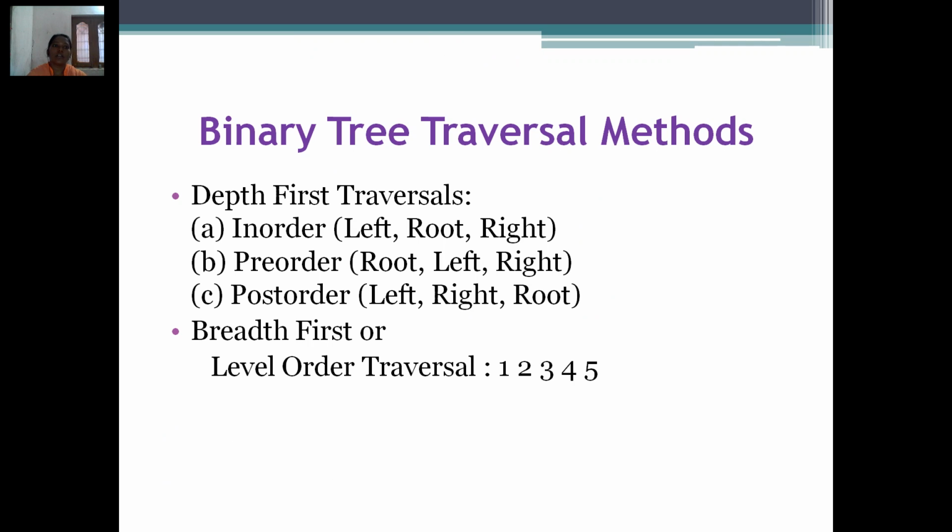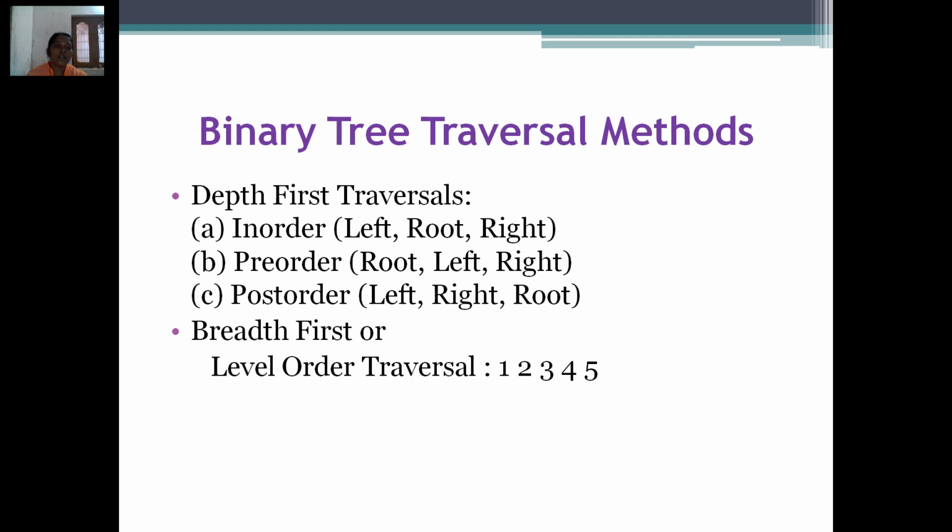Coming to our main topic, the binary tree traversals. Here we have two methods: depth first search traversal and breadth first search traversal. The depth first search traversals are again divided into three types: in-order traversal, pre-order traversal and post-order traversal.